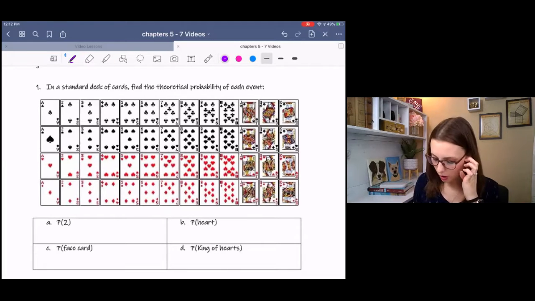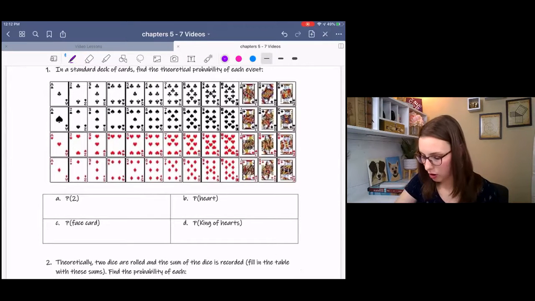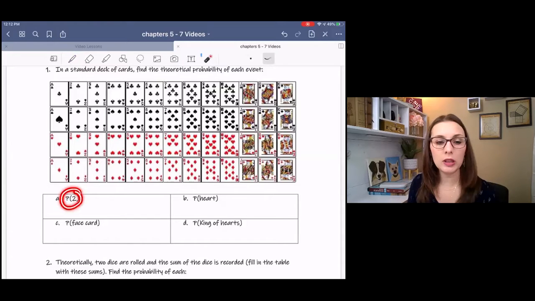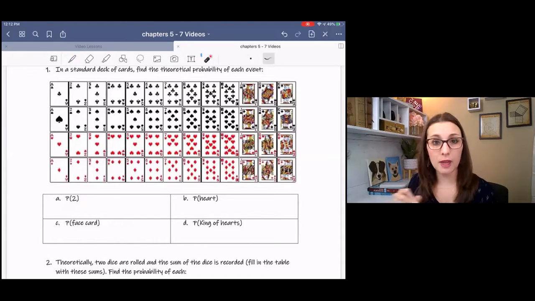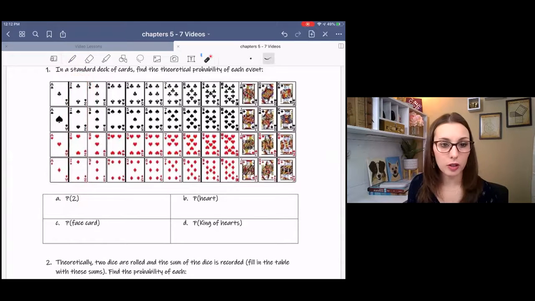And in theory, I'm trying to figure out the probability of each event. So in part A, I'm wanting to know the probability of drawing a 2 from a standard deck of cards. So when it's written like this, that P and then parentheses 2, that means the probability of a 2. So you go to your deck of cards and you see how many 2s are there.